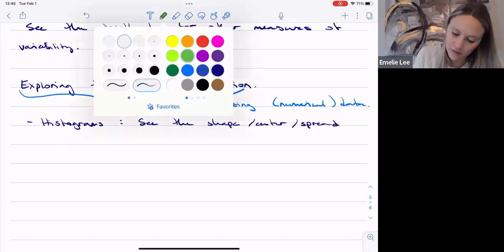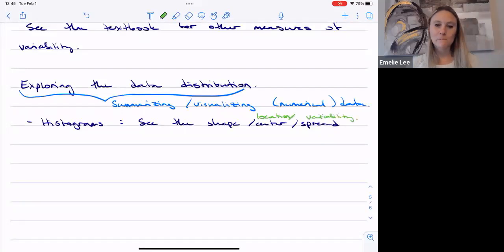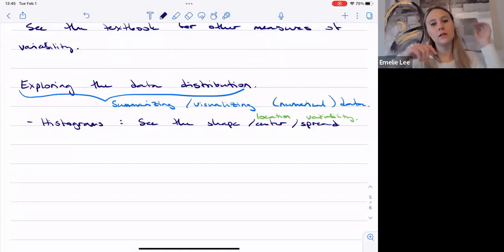And so here, maybe I'll put location and variability. Okay. So we're familiar with histograms, so I'm going to parking lot that a little bit.